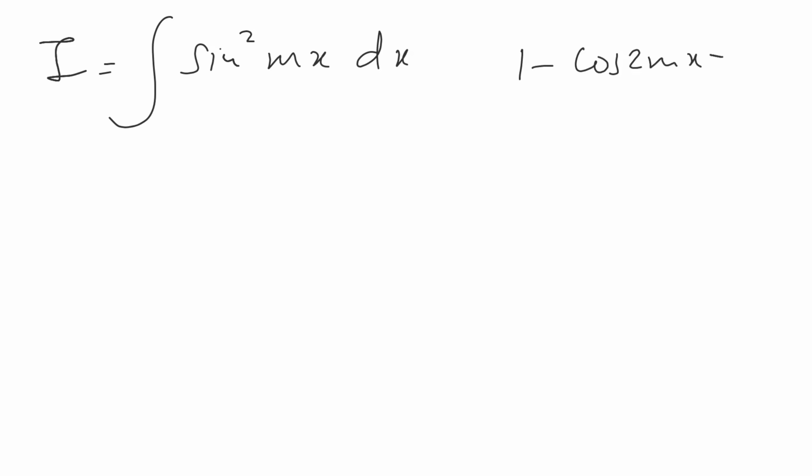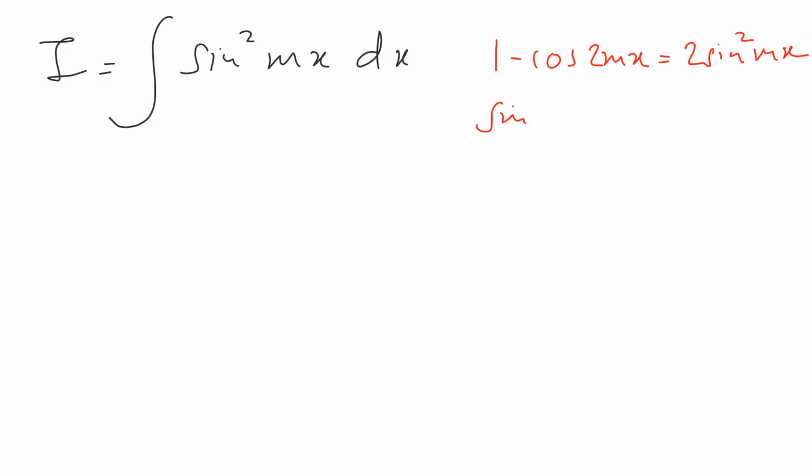Now integration of sine square mx dx. So 1 minus cos 2 mx is equal to 2 sine square mx. Okay, I'll write it once again. 1 minus cos 2 mx is equal to 2 sine square mx.